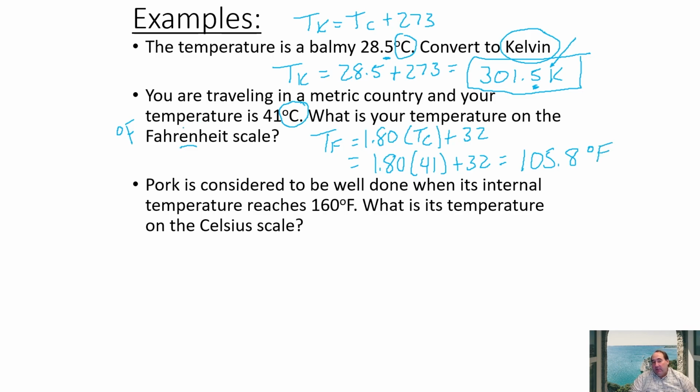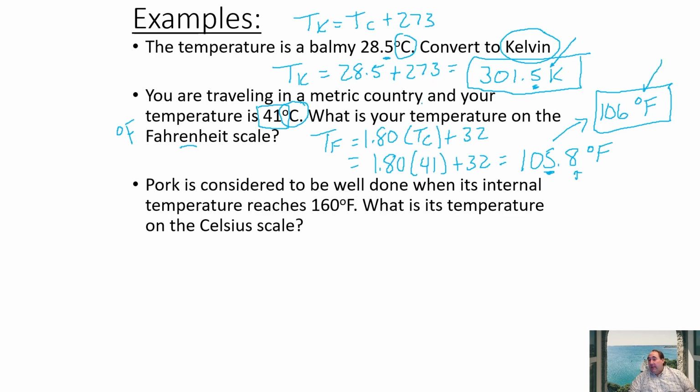Now, this is a situation where my original number was actually a whole number, which means here I would want to take it to 106 degrees Fahrenheit, making this a whole number. That's an 8, so we're going to round up in this case, to 106 degrees Fahrenheit.